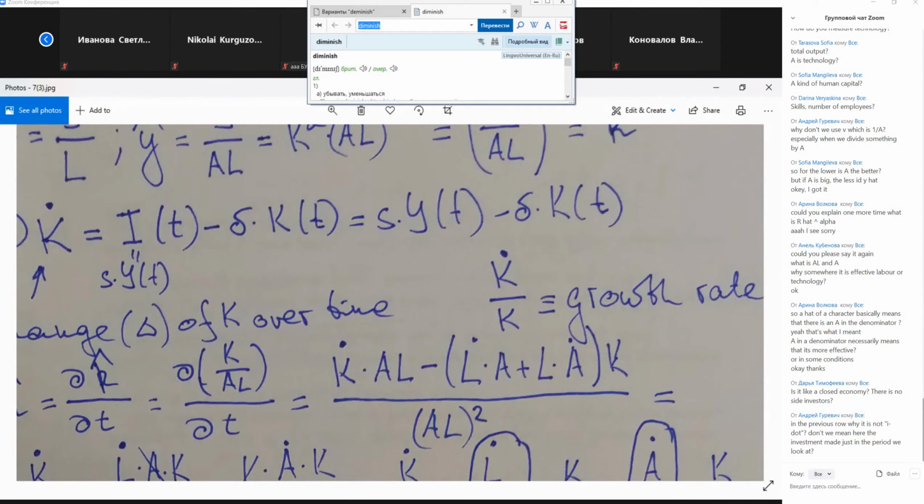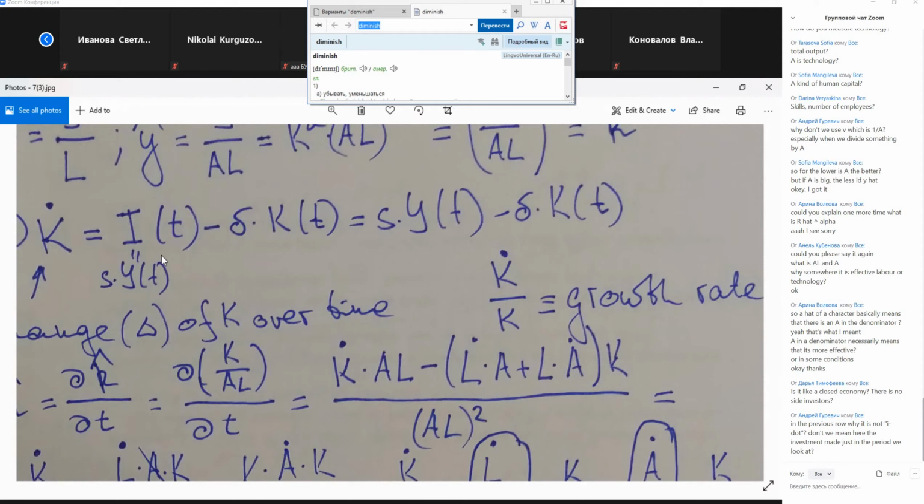Previous row, why is it not I dot? Here investment is just a flow of money at this particular time, so I dot would be the change of investments.